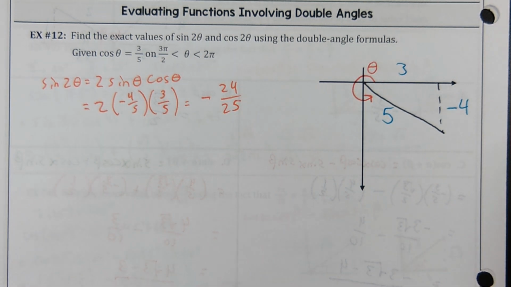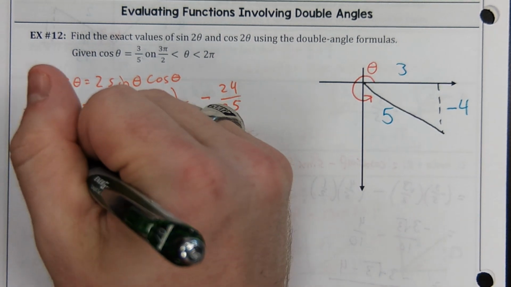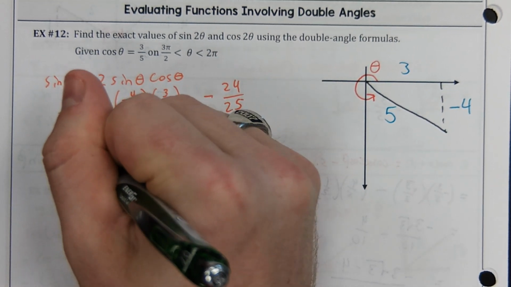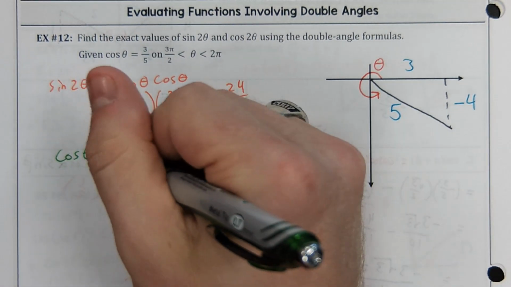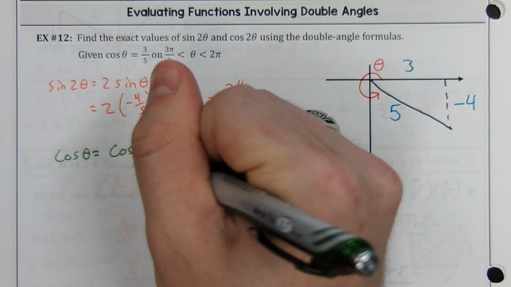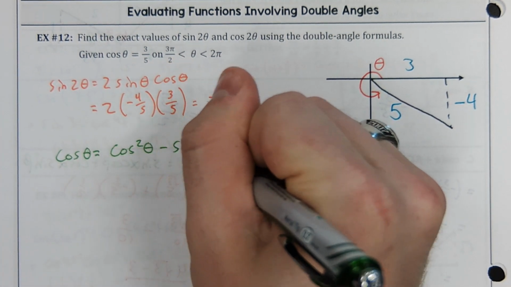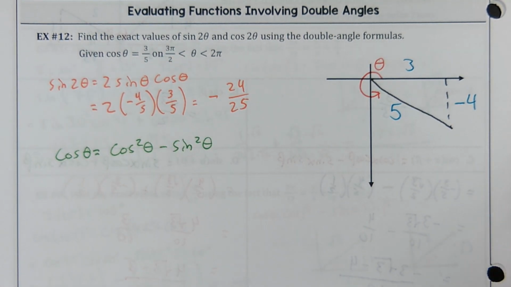There are 3 different cosine double angle identities. When I don't have to pick a specific one, I always choose this one, because it'll always give me a common denominator. Whereas the other ones that say -1 or 1 minus, then I have to find a common denominator, and I don't want to do that.